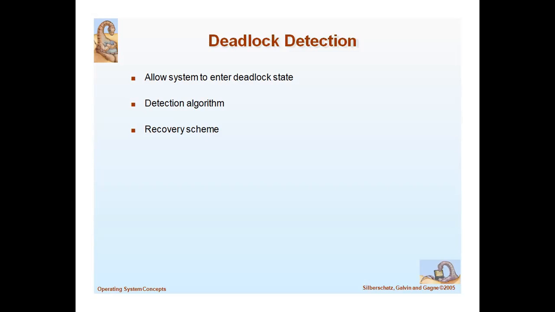Coming to multiple instances, we use the Banker's algorithm to detect the deadlock situation. So those are the two ways we can detect deadlock in our system: while using a single instance of a resource, we use the wait-for graph, whereas for multiple instances we use the Banker's algorithm.